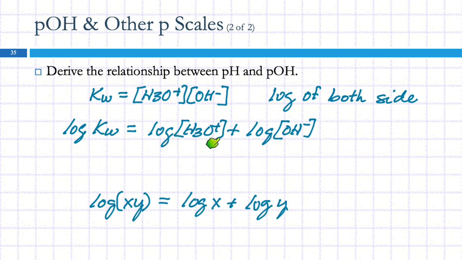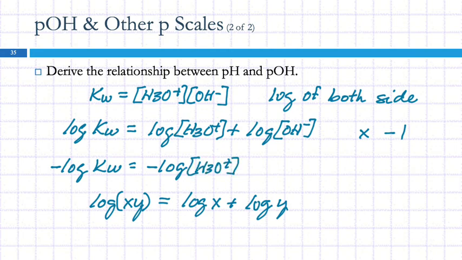So these kind of look like the equations for pH and pOH, right? Except they don't have a negative sign. So let's multiply by -1. Then I've got the negative log of Kw is equal to the negative log of the hydronium ion concentration plus the negative log of the hydroxide ion concentration.